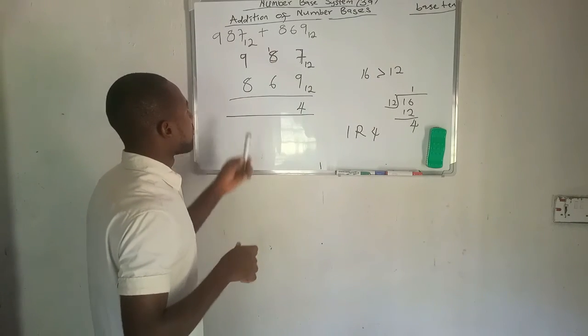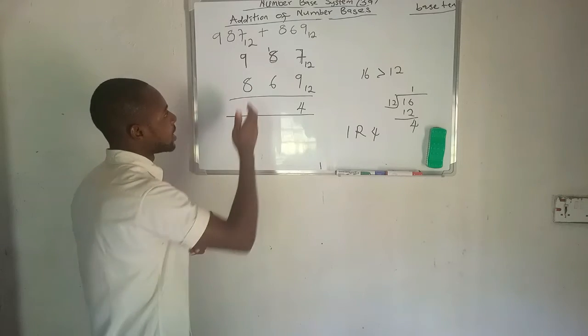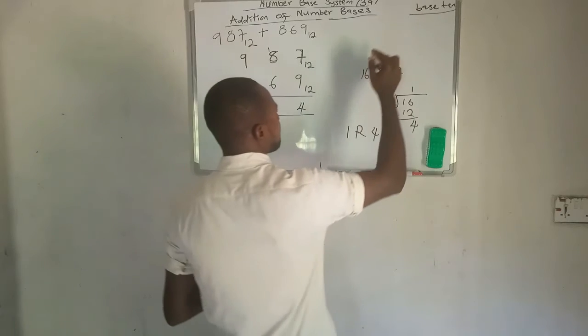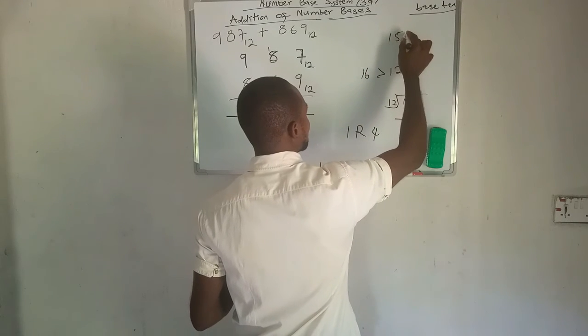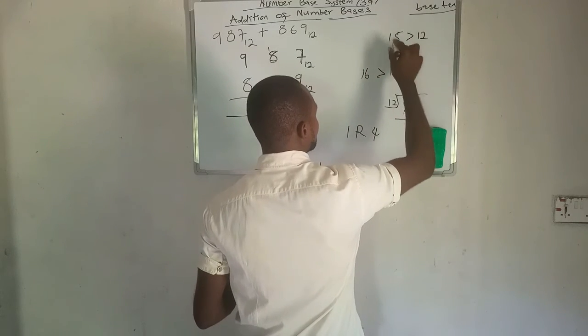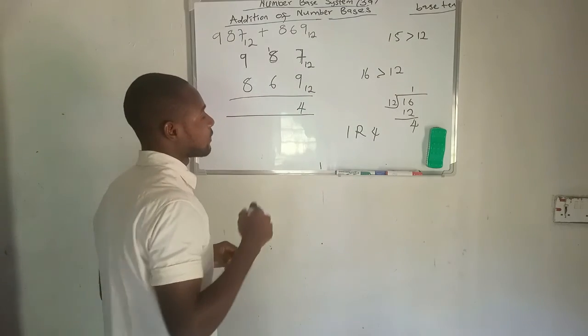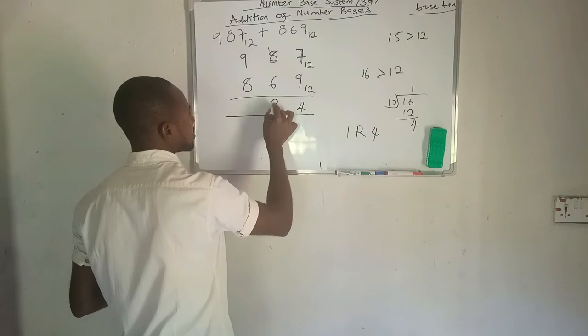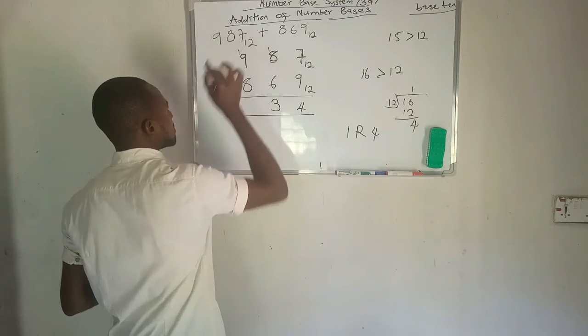So 1 plus 8 is 9, 9 plus 6 is 15. So we'll have 15, which is greater than 12. So we'll divide this by 12, and then we'll have 1 remainder 3. So we'll be writing 3 here, and then we'll take 1 to the next number.